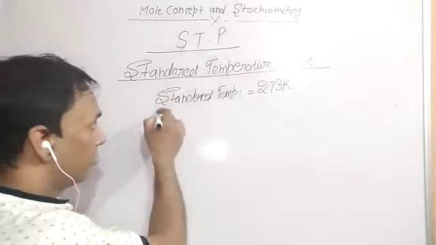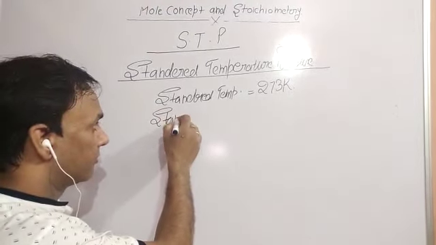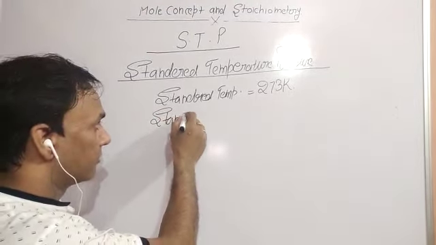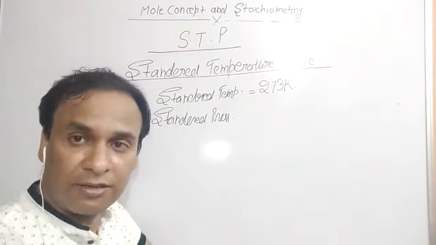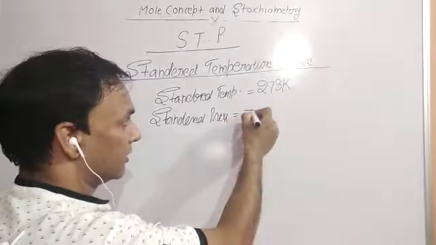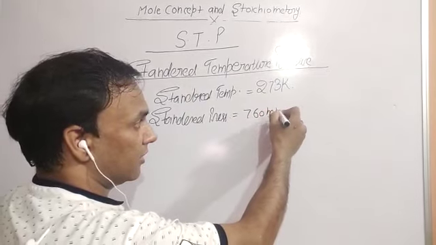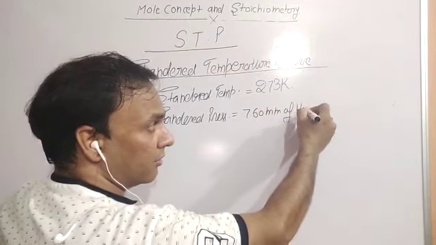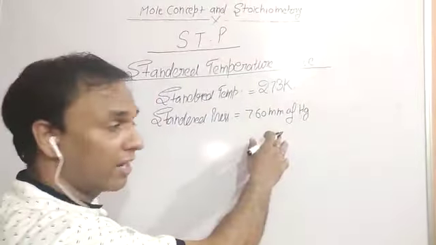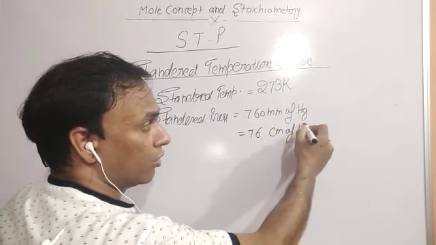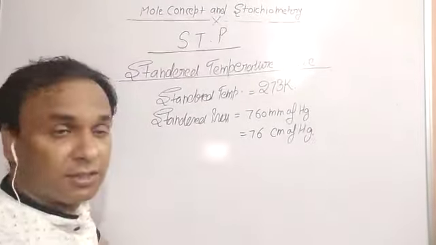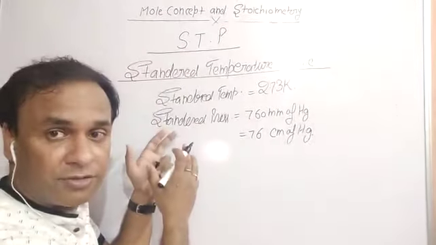Clear? When we talk about standard pressure, it is always measured with respect to the mercury scale, meaning 760 mm of mercury, or 76 centimeter of mercury. This is the standard value of pressure.